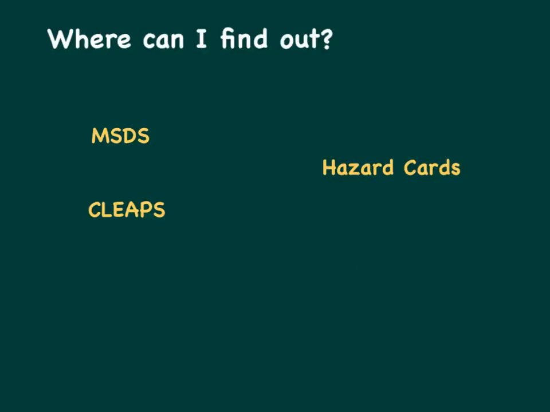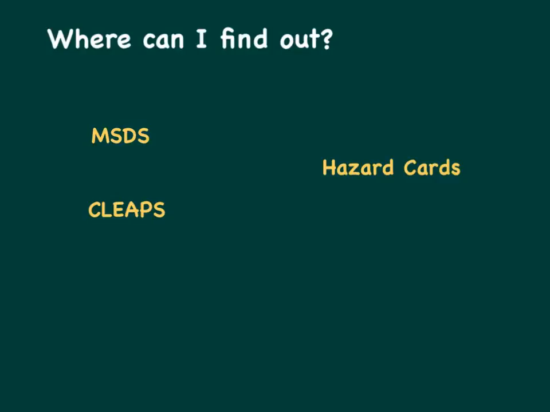I always tell you that I don't expect you to know everything. But I also mention the fact that I would expect you to know where to find out about them. Now, during our science classes, we've talked about MSDS and CLEAPSS and hazard cards. If you think about right at the start of the year, when you were first introduced to the laboratory, we actually found out where these were.